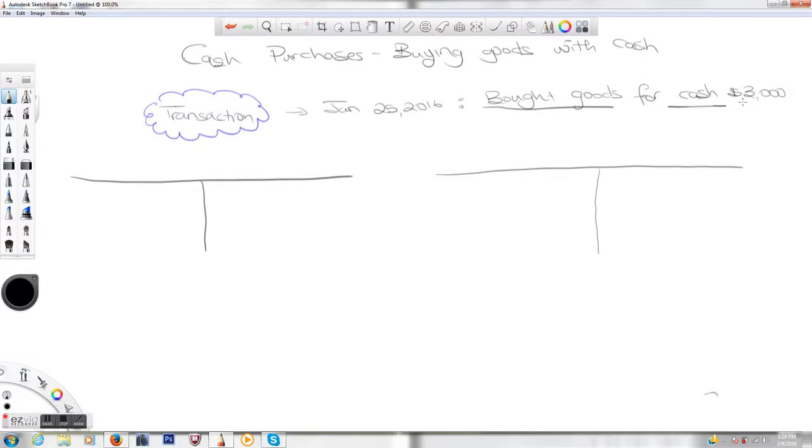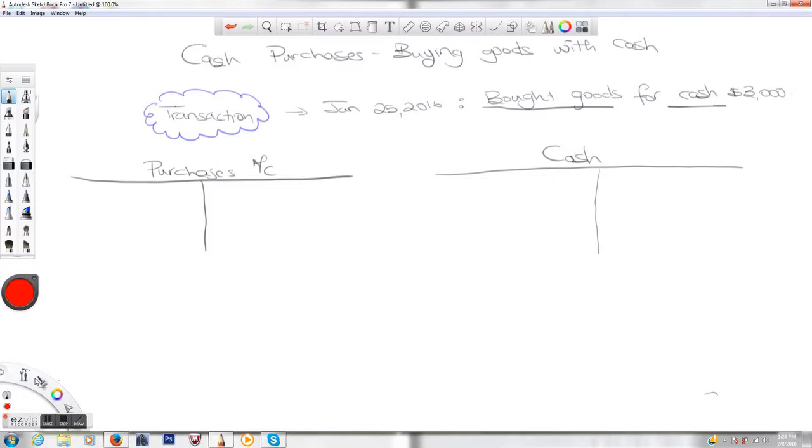And from the asset of stock lecture, we know that once we buy goods, the account that is affected is the purchases account, and the other account that is affected is the cash account. The next thing we're going to do is determine the categories of accounts that these belong to.